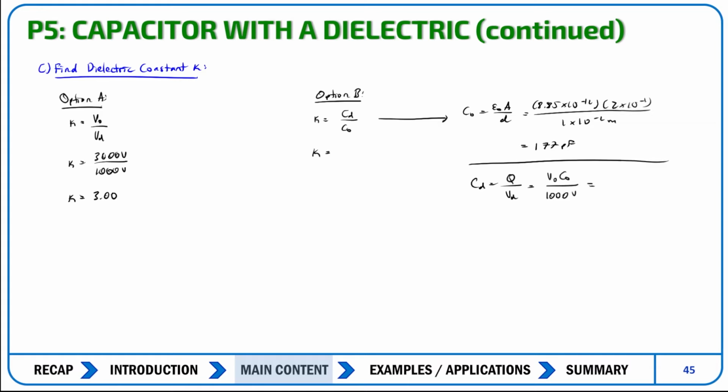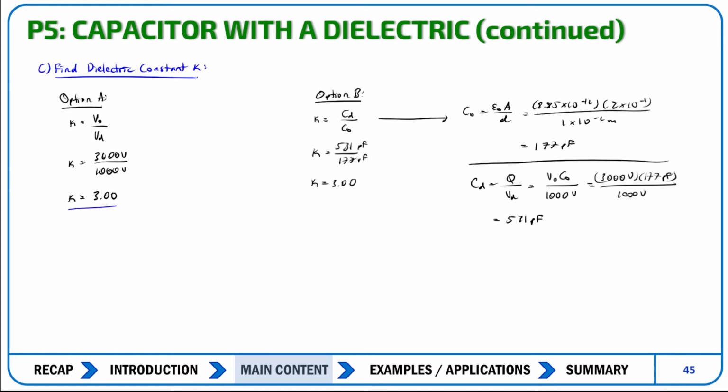V naught is 3,000 volts, C naught is 177 picofarads, and then we have 1,000 volts. So C_D is then equal to 531 picofarads. So between the two of them, you end up with 531 divided by 177 picofarads on the top and bottom, and you also end up with 3.00.